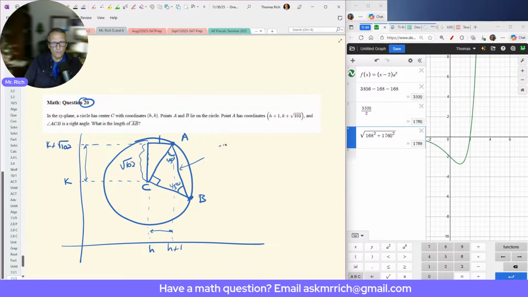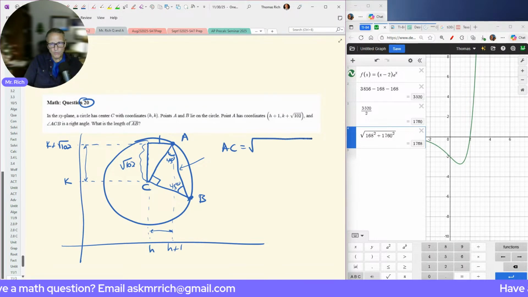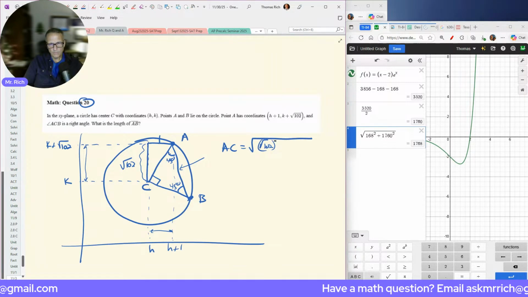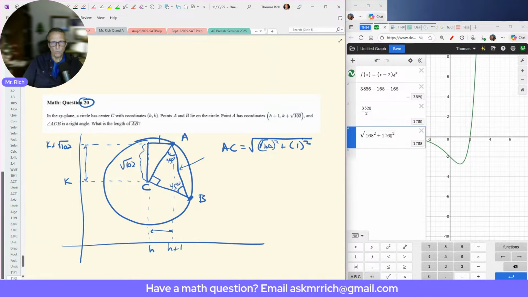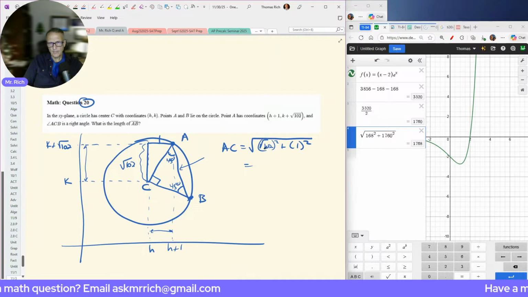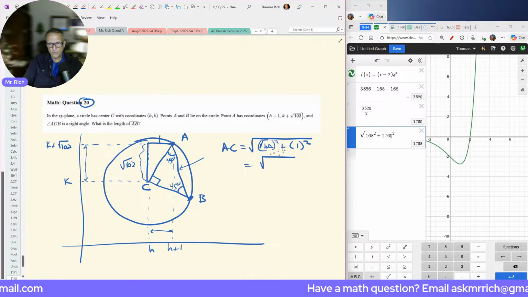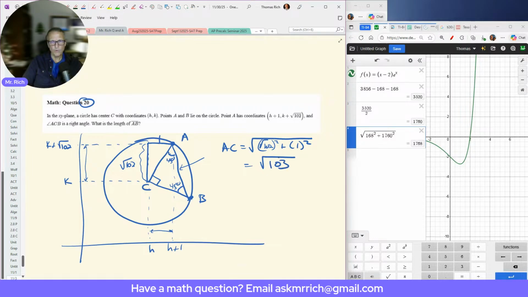So therefore, the length of AC is going to be the square root of root 102 squared plus 1 squared. Well, what is that? Root 102 squared is 102. So this would be root of 102 plus 1. It'd be root 103. That's the length of AC.